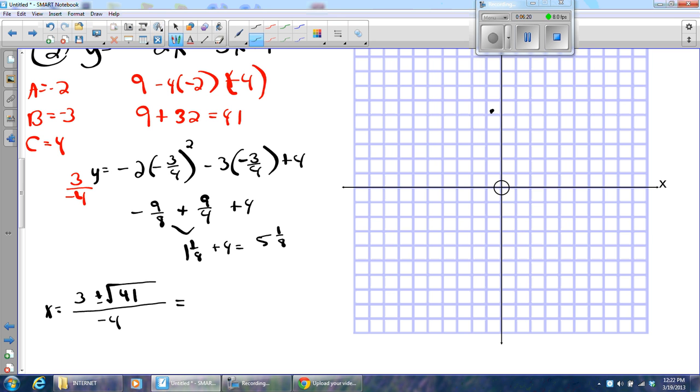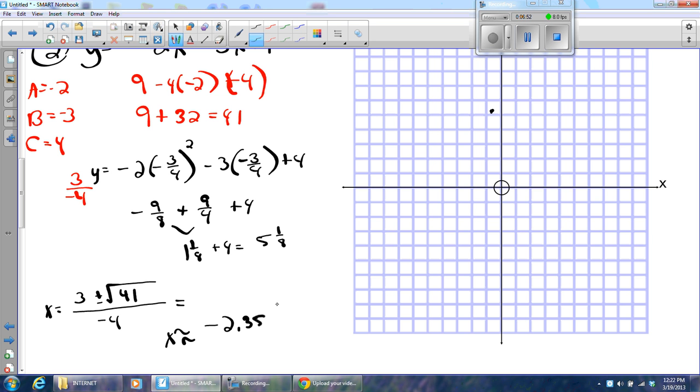And so now I'm going to go to my calculator, and I'm going to get 3 plus the square root of 41, and I'm going to divide that by negative 4, and that's going to come out to be approximately negative 2.35, 2 and 35 hundredths. And then I've got to do 3 minus the square root of 41 and divide that by negative 4.